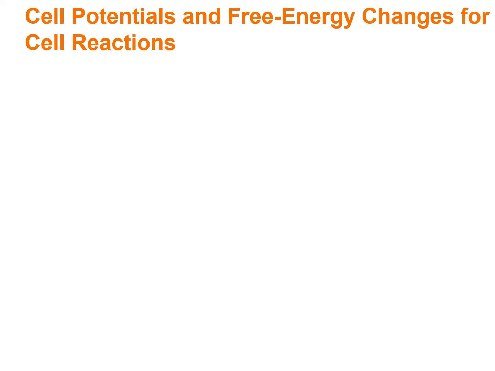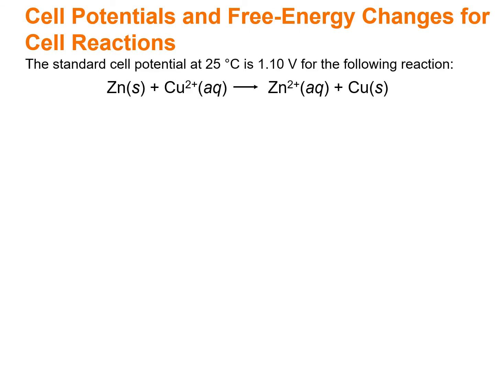Okay, so now let's look at how we can identify delta G if we know the cell potential for 2 reactions. I'm going to start with a real familiar reaction, the reaction of zinc and copper.